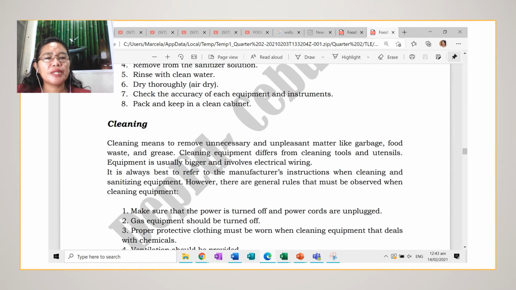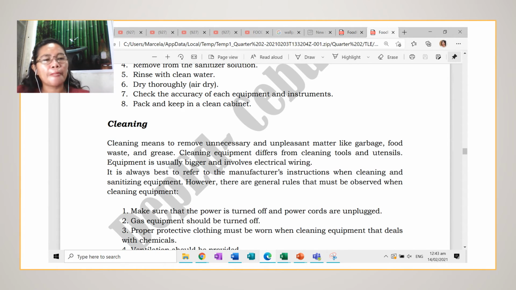Equipment is usually bigger and involves electrical wiring. It is always best to refer to the manufacturer's instructions when cleaning and sanitizing equipment. However, there are general rules that may be observed when cleaning equipment.